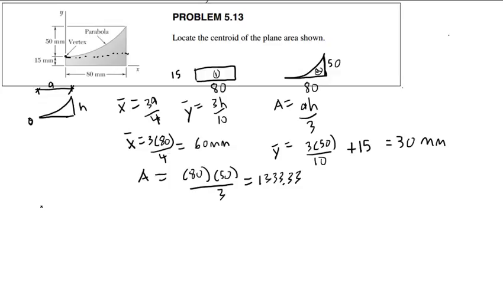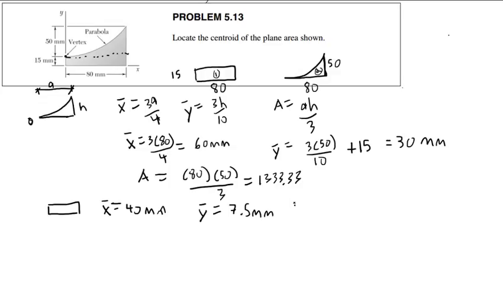Okay, and then for the rectangle here, obviously the x bar is just 40 millimeters. The y bar is just 7.5 millimeters, and that's it.